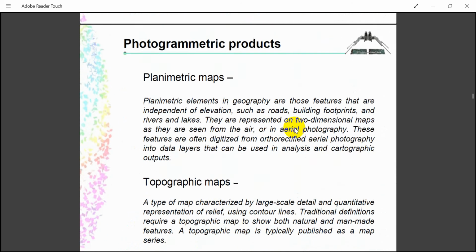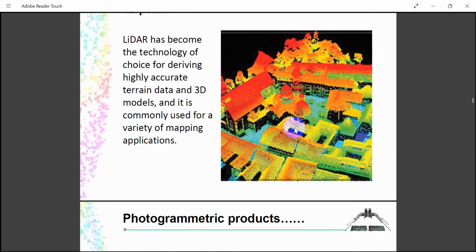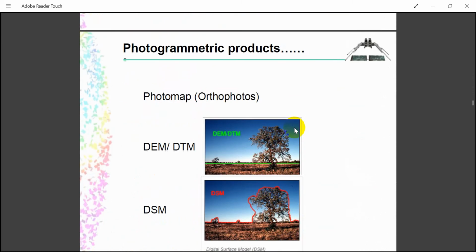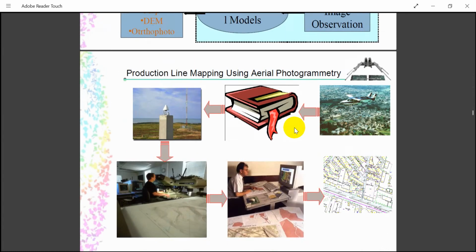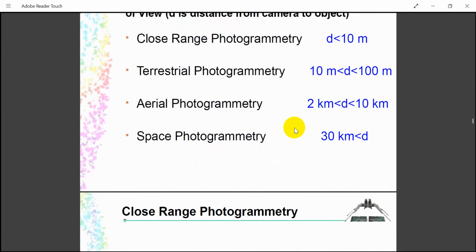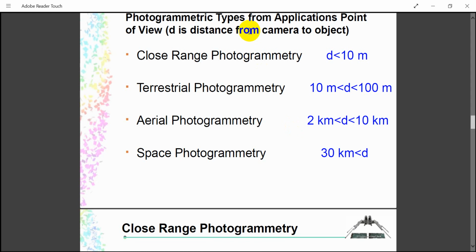Why photogrammetry? See the maps, 3D points. See close range photogrammetry, terrestrial photogrammetry, aerial photogrammetry, space photogrammetry. We won't discuss space photogrammetry. Space photogrammetry means satellite photogrammetry.